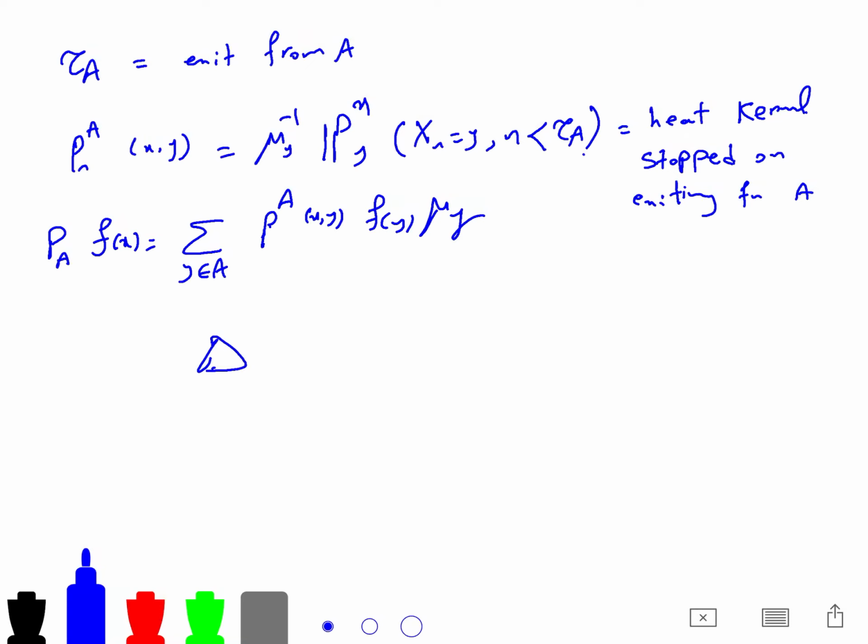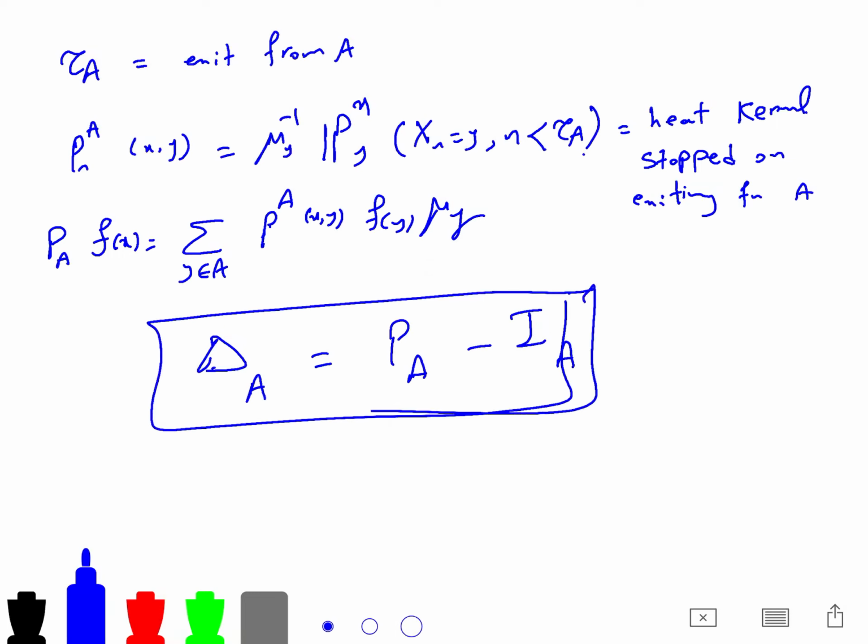I showed you that even for the restriction, our difference operator is the same. So the Laplacian is still like this. It's the same thing.